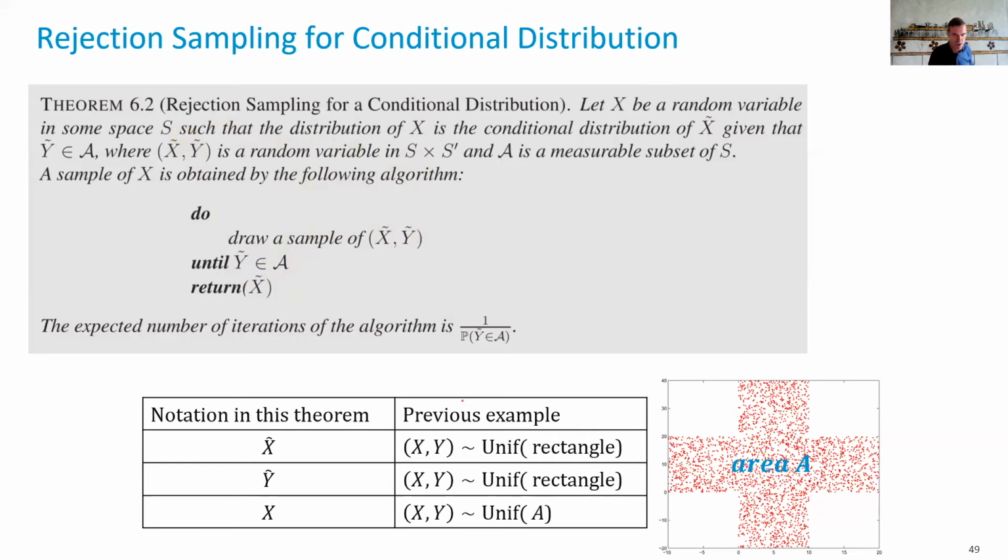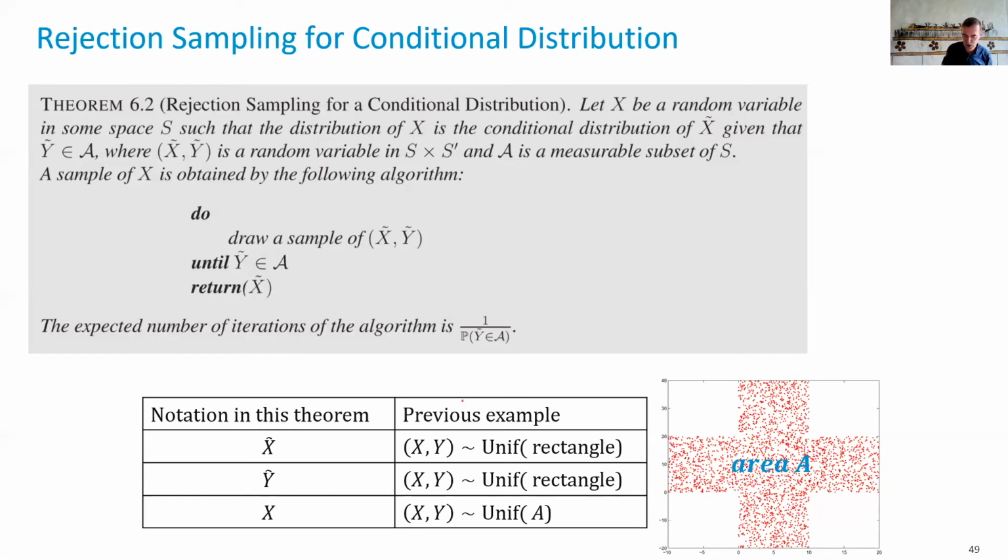It seems obvious, but many things seem obvious in terms of distribution, and we've seen in the previous quiz that some things that may appear to be obvious are sometimes not true. So here it is obvious and it is true. If I draw jointly x tilde and y tilde until I'm happy with what y tilde did, I obtain something that has the conditional distribution of x tilde given y tilde satisfies the criteria.